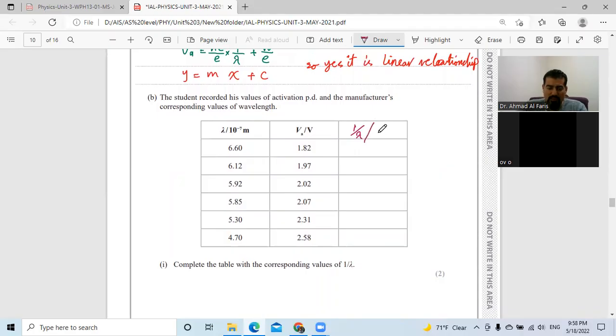So that means 1 over meter, right? That is the unit. We can put it in 2 or 3 significant figures, times 10 to the power of positive 7 or 6 per meter. Give me the values, if you please.